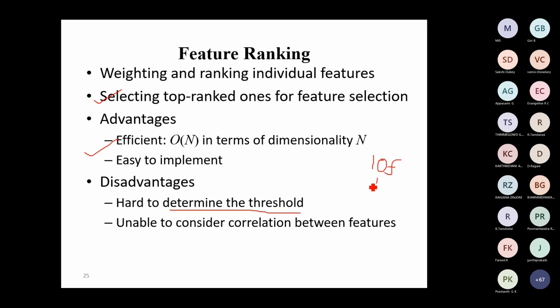It will rank all the 10. So we don't know from these 10 ranks whether we have to go with only 3 or 4 or 5, or whichever number, which subset we have to identify. That is called the threshold that we can't identify. So we have to use a trial and error method to identify the best subset.